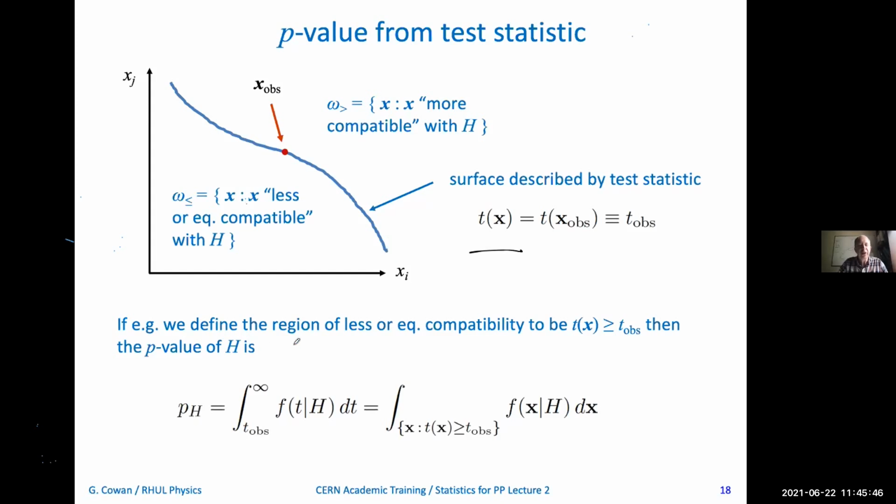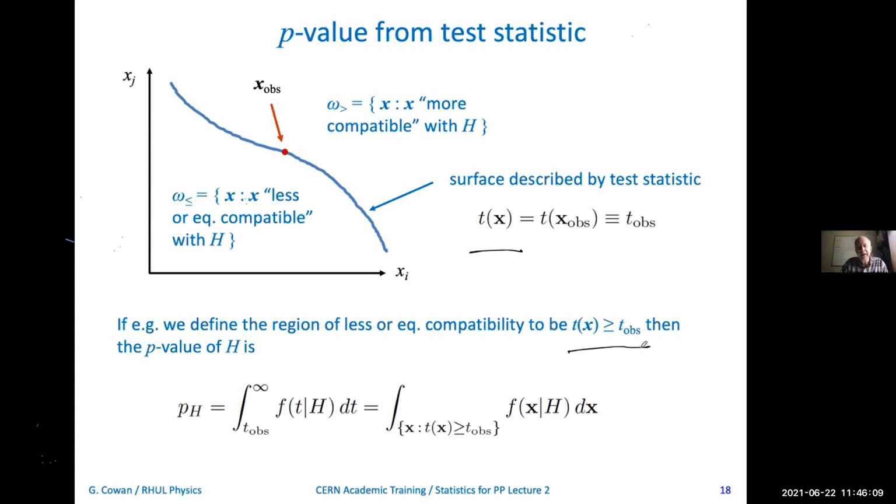And then this region of less or equal compatibility is the region where t of x is on one or the other side of t observed. Let me take that to be greater than or equal to t observed. So I'll define this function t such that greater values correspond to lesser compatibility.